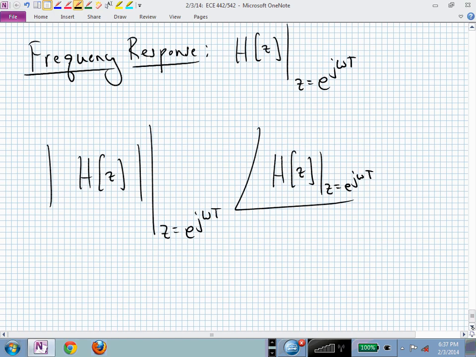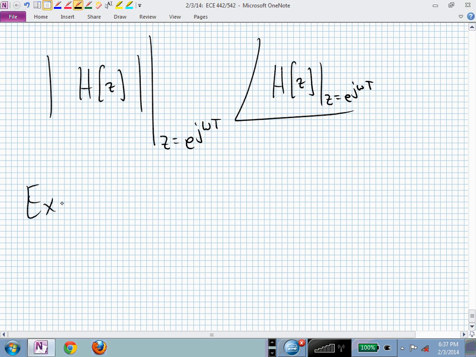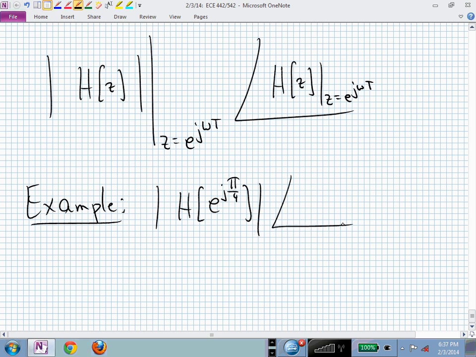In our particular example, we had z going to be e to the j theta sub d, where theta sub d was actually pi over 4. So now we evaluate h at e to the j pi over 4, find its magnitude, and we find the angle of that complex number.